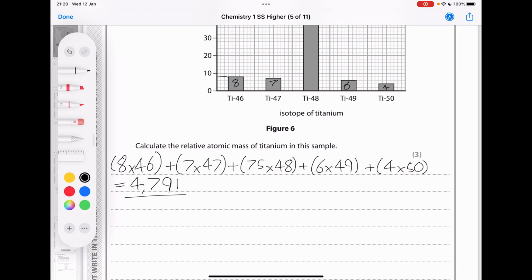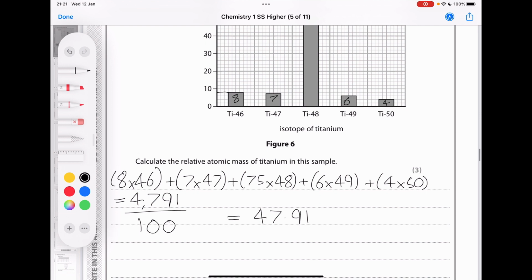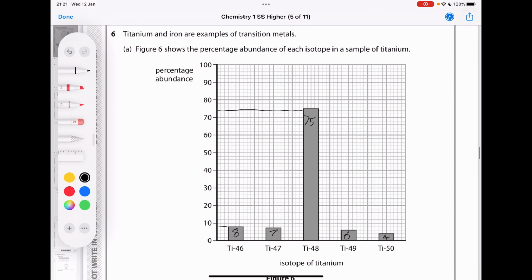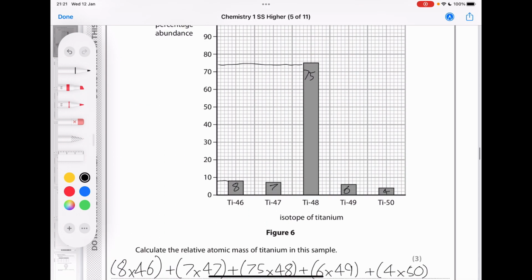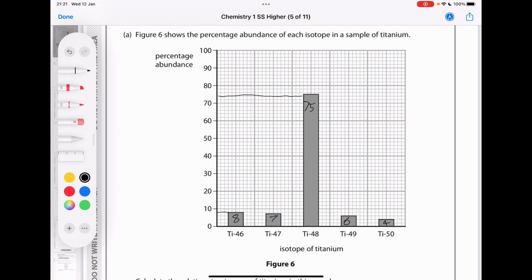So I then need to divide this answer by 100 to get my answer of 47.91. And I have not been asked to give any number of significant figures or decimal places, so therefore my final answer is 47.91, which is approximately 48, which makes sense.